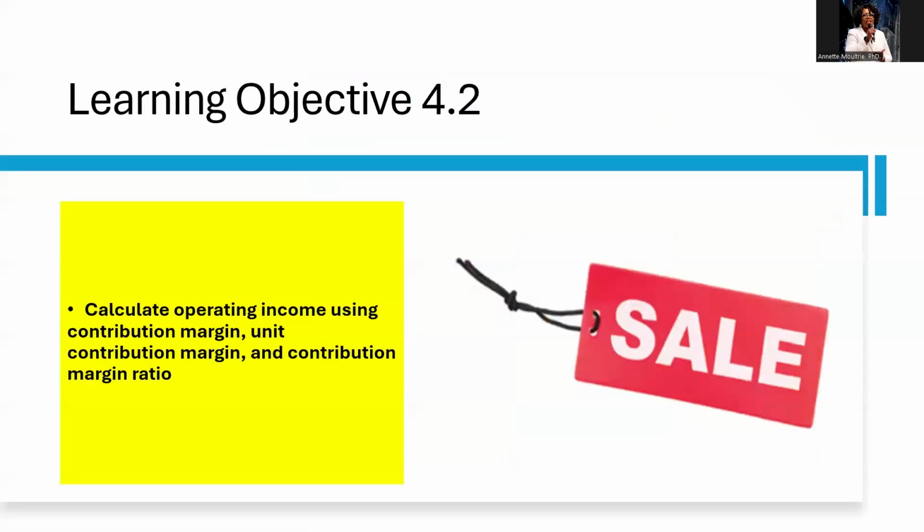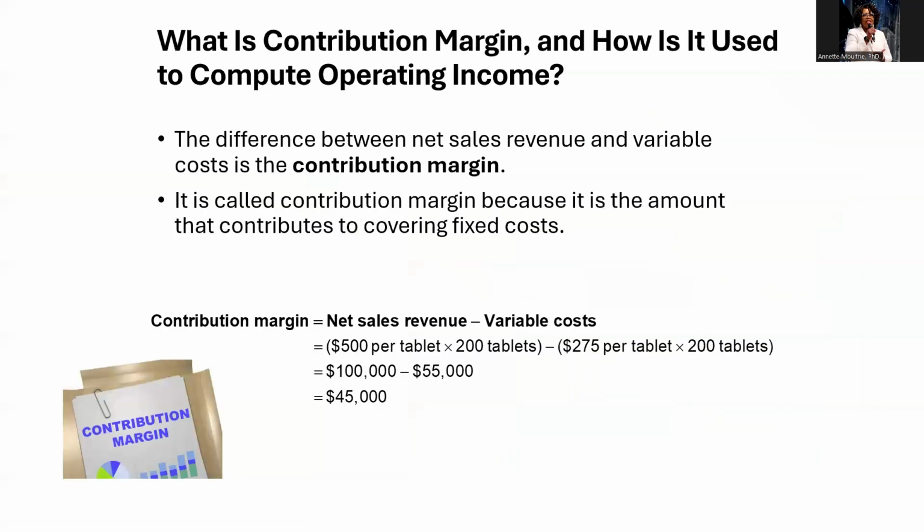So we're beginning here with learning objective 2. Calculate operating income using contribution margin, unit contribution margin, and contribution margin ratio. So what is contribution margin and how is it used to compute operating income?